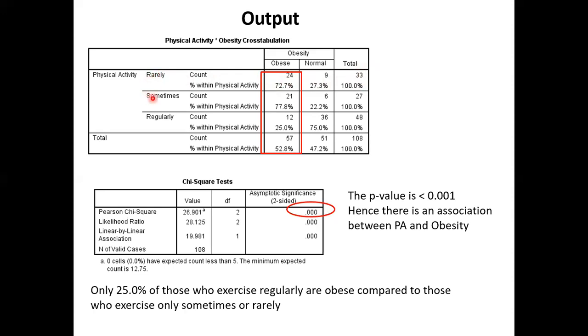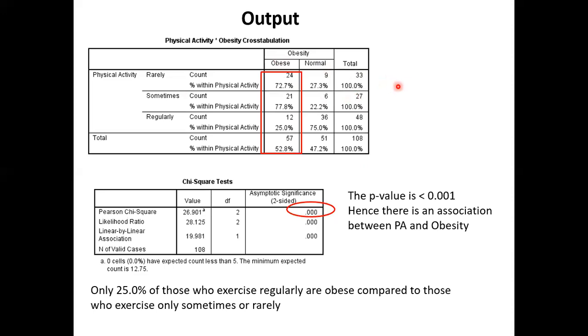Next one. What is this 27? 21 plus 27, so 48 people regularly exercise. Wait, 27 people sometimes exercise, and 48 people regularly exercise. This is the total margin. Coming this way, what is 57? 57 are obese out of the total, and 51 are normal.